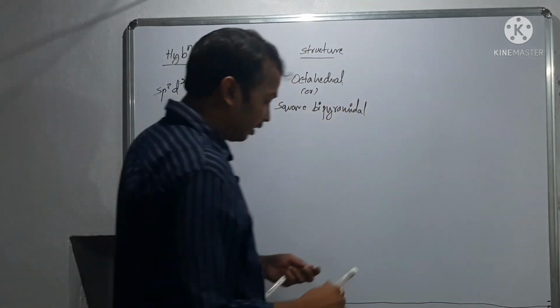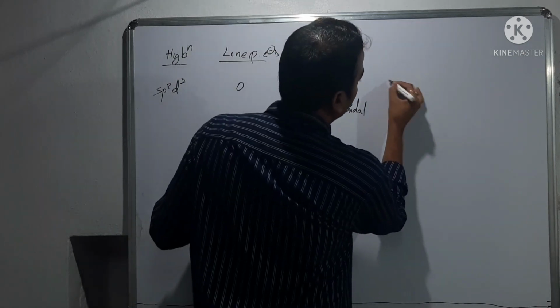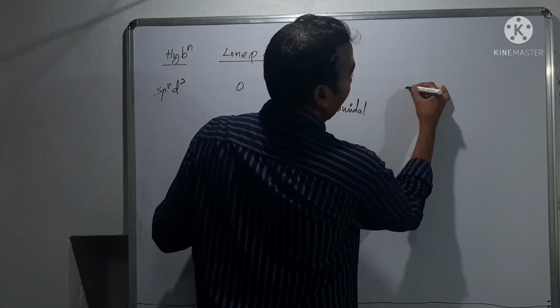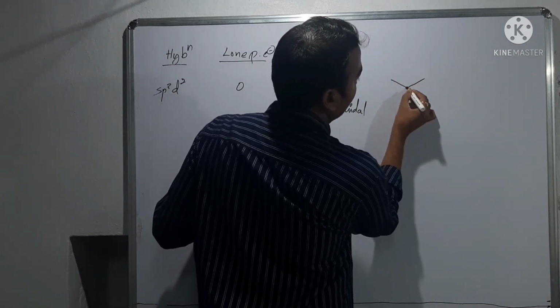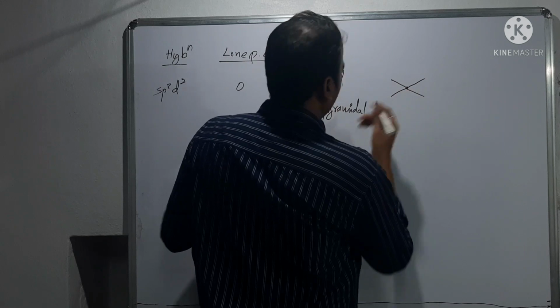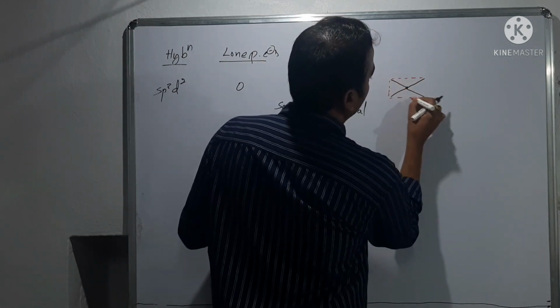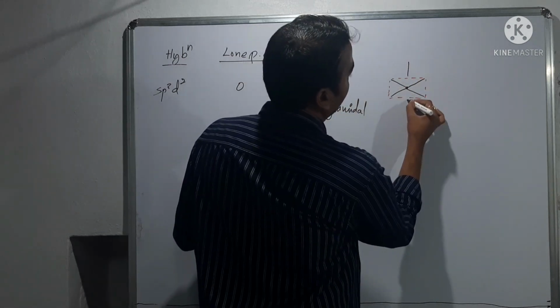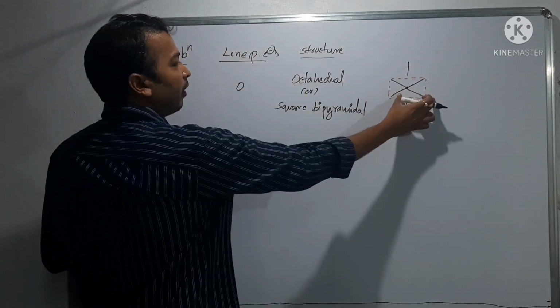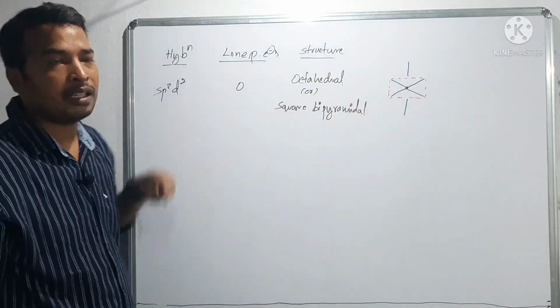So generally a square is present in the middle like this. This is the central atom. We can write the square in this way, and we can put two bonds, one above and another one below. That is square bipyramidal. It has the structure of square bipyramidal.